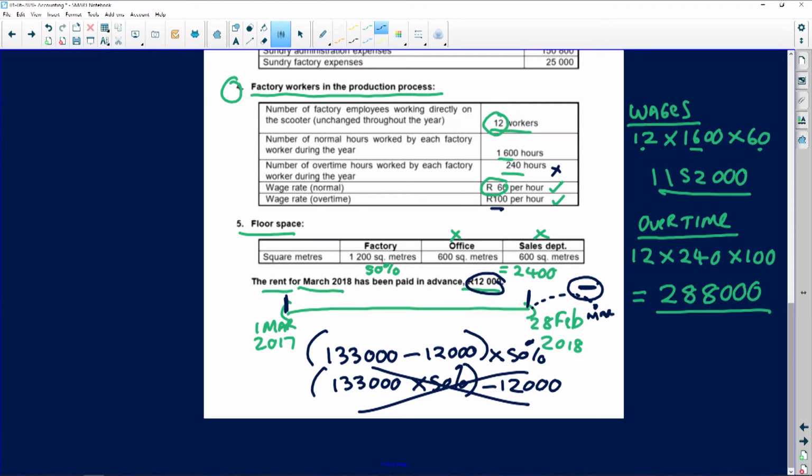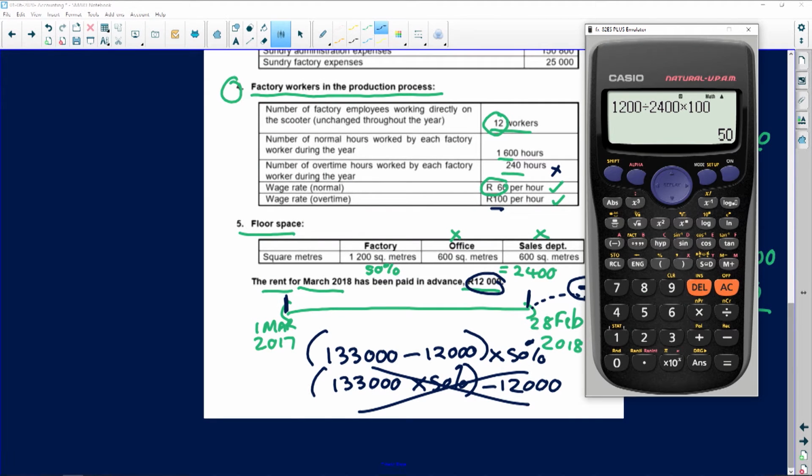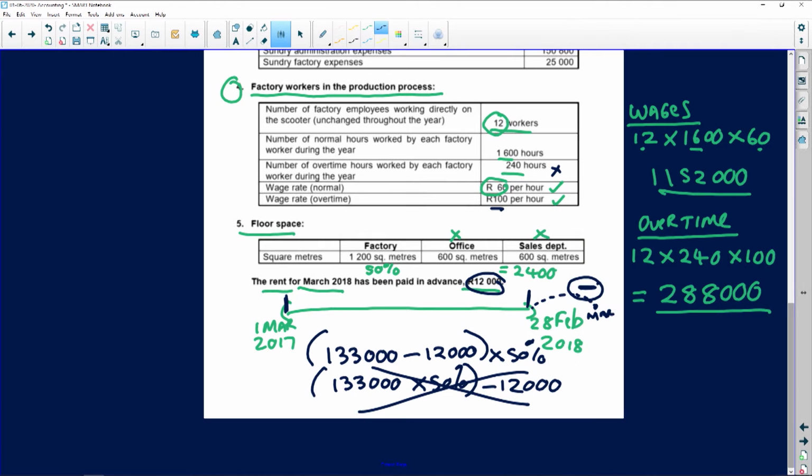Right, so 133,000 minus 12,000, let's get that calculator out again. 133,000 minus 12,000, okay, times 50%, and that is giving me 60,500. Okay, so the 60,500 is what I am now going to take to my factory overheads.